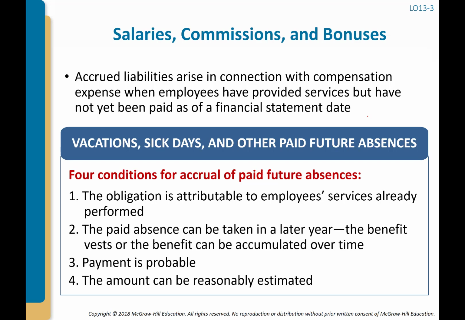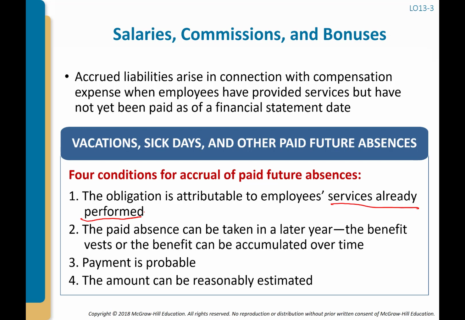vacation. Okay? Now, what happens? We will recognize vacation if it is based on services that have already been performed. So when we look at some of the examples here, we're going to say that the individuals have already worked, they have already earned their vacation, right?